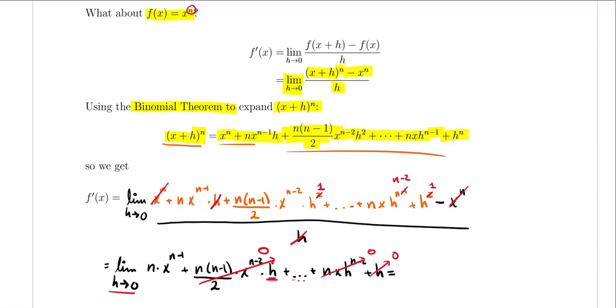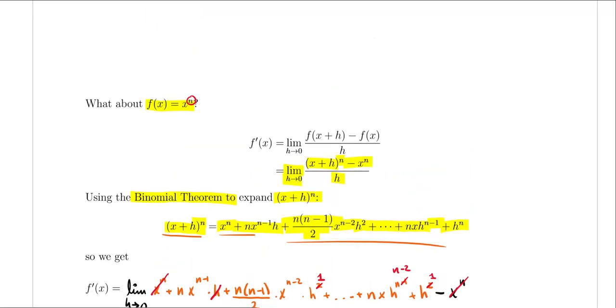And we're really just left with one term. It seems like the derivative of the function x to the n is just n times x to the n minus 1. So there was actually a pattern.